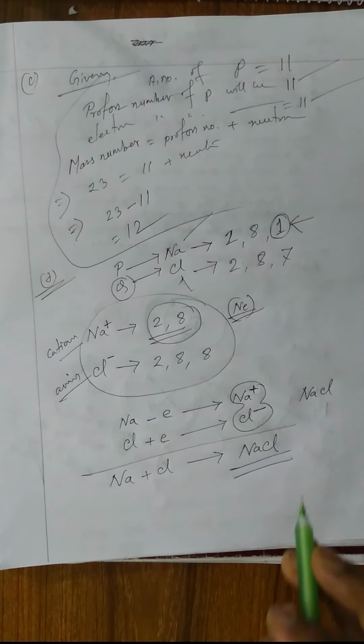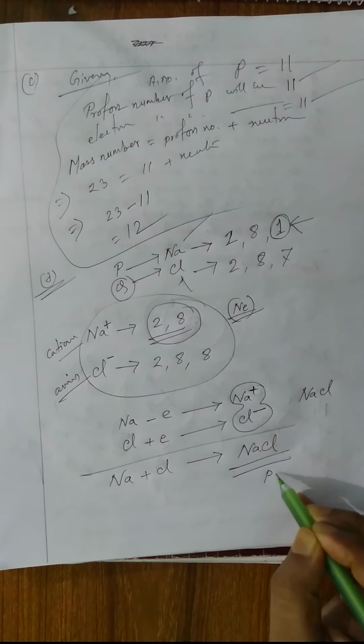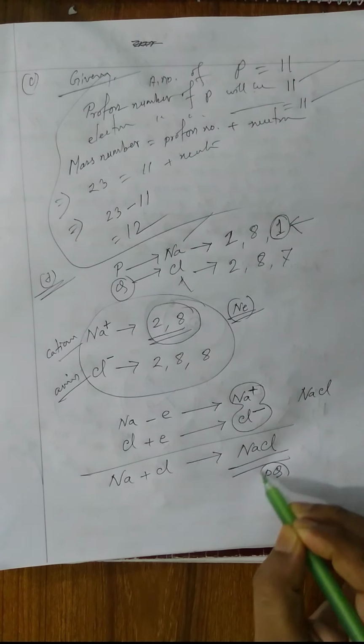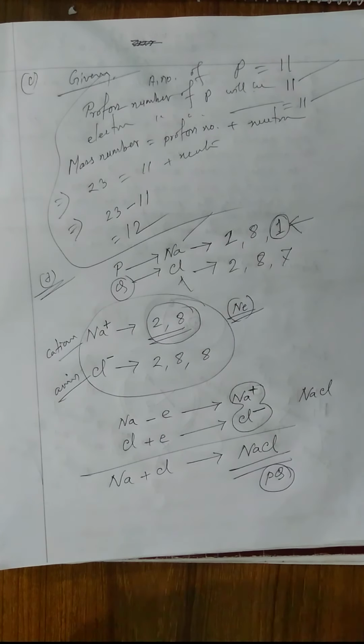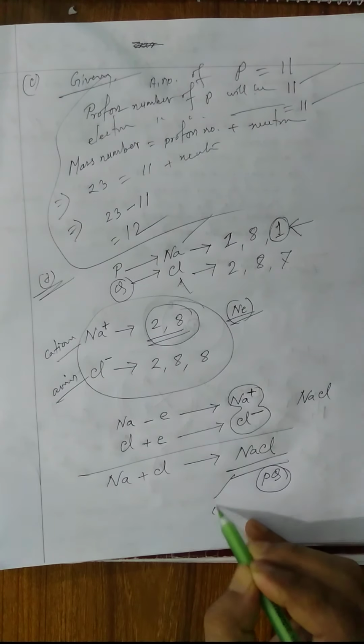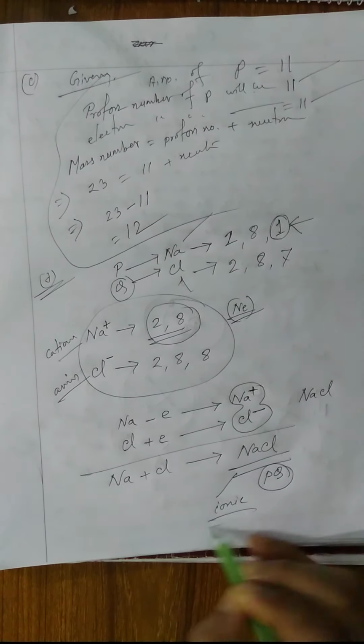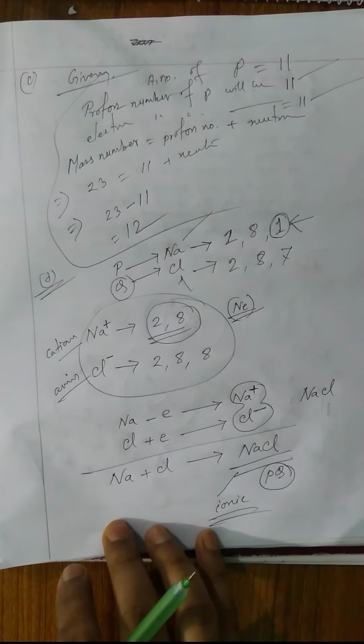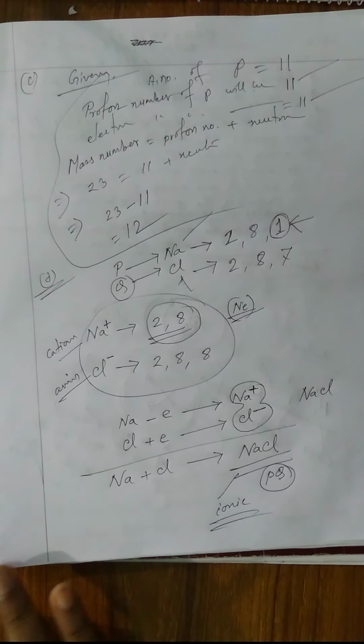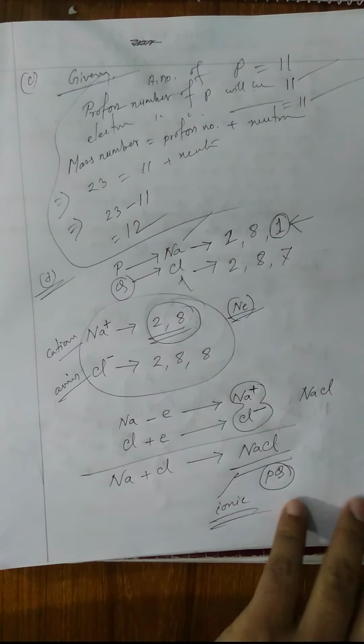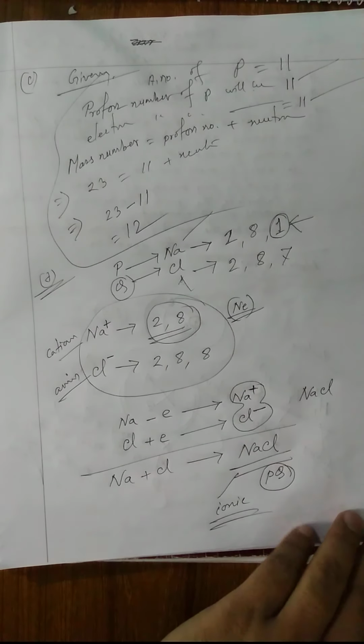This is the final compound, which is the PQ compound, and it is an ionic compound. So this is the answer of the D question.